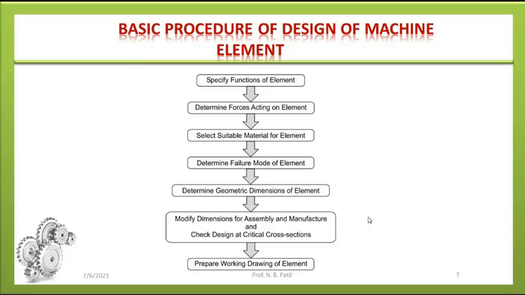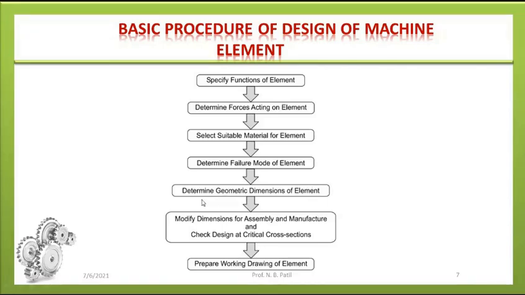So what are the failure criteria inside the shaft? Because of the torsion, because of the twisting, the shaft may get failed. So this is one failure criterion, and likewise there are different failure criteria. You have to identify them according to the function of that element inside the system, and accordingly design the element so that it will not get failed during actual working condition.